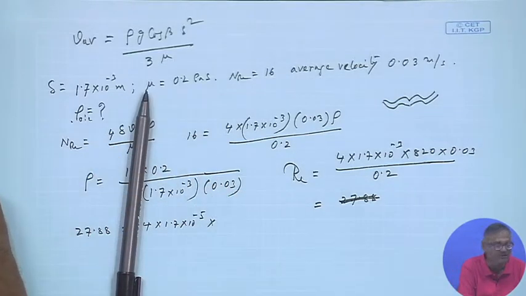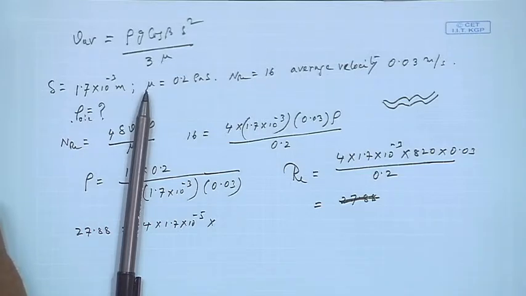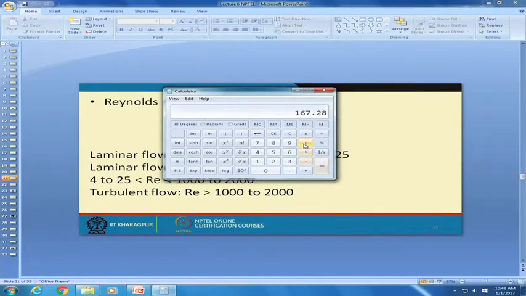So, into 0.03, right. So, this value is 0.83 and 4 into 1.7, right, into 10 to the power minus 3 into 820 into 0.03, right, divided by 0.2.